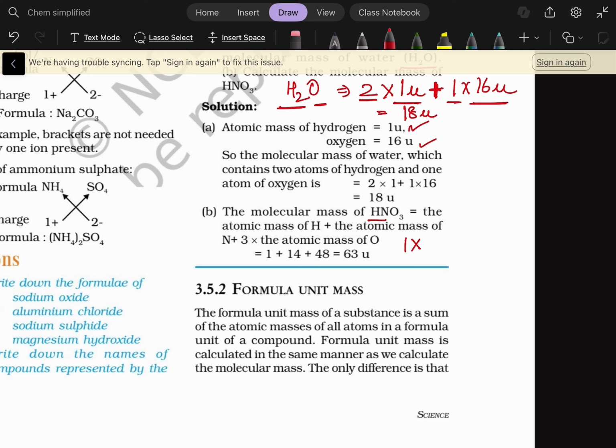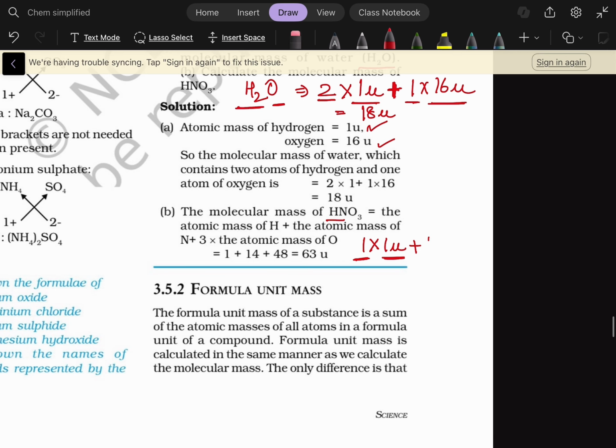So here 1 × 1 u: this 1 represents one atom of hydrogen, and 1 u is the atomic mass of hydrogen. Then one atom of nitrogen, whose atomic mass is 14 u, plus 3 atoms of oxygen, and each atom of oxygen has a mass of 16 u. In total, we get 63 u.